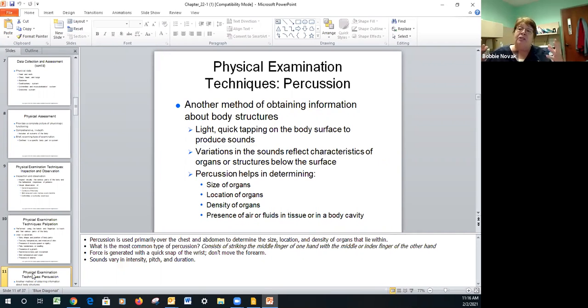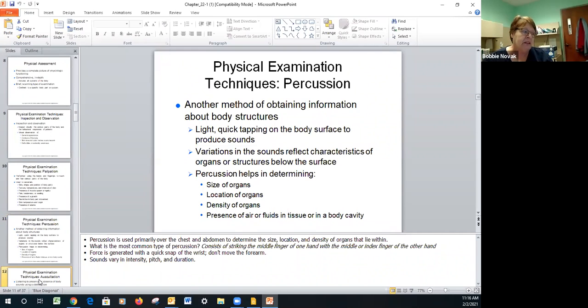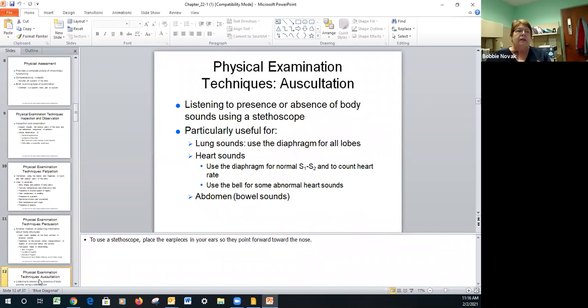But if you have lungs full of fluid in the bases, you may hear dull thuds down there and then get your drumming sounds up on top. So inspect, palpate, percussion, and then auscultation, where we use our ears to listen to various body parts, for presence or absence of sounds, using a stethoscope.